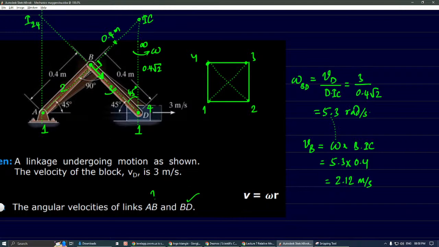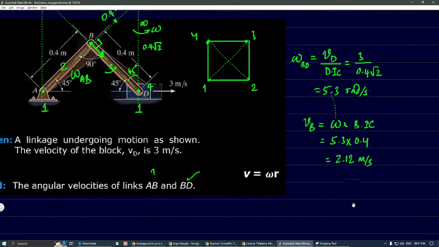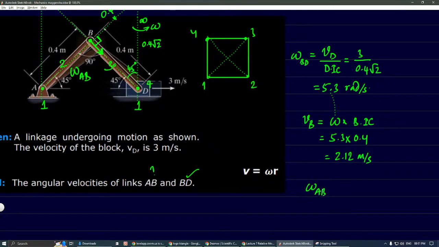So now we need to use this velocity at B to find omega of AB. Omega of AB will be equal to velocity at B divided by AB.